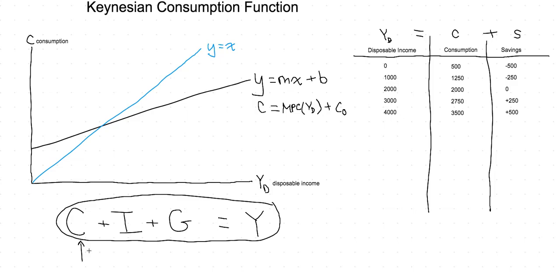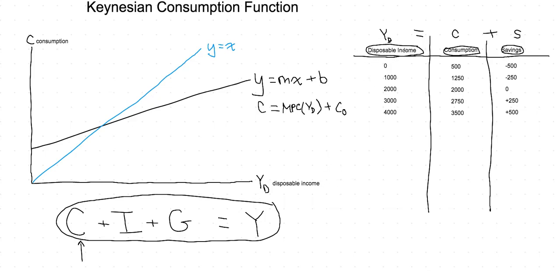And in order for us to determine how effective it will be to increase consumer consumption, we have to realize that some of it goes into consumption, some of it goes into savings. So we have to use a function in order to determine just how much money is going into consumption, how much is going to savings. So what we do is we start off with disposable income.